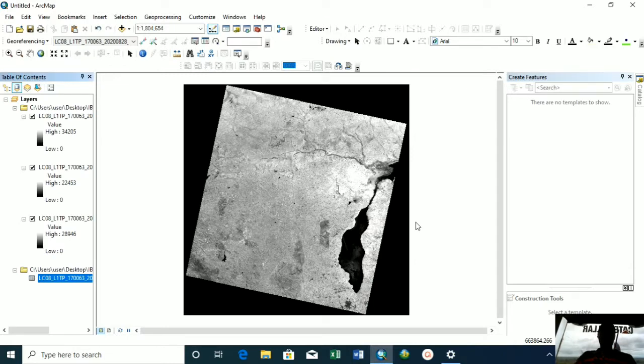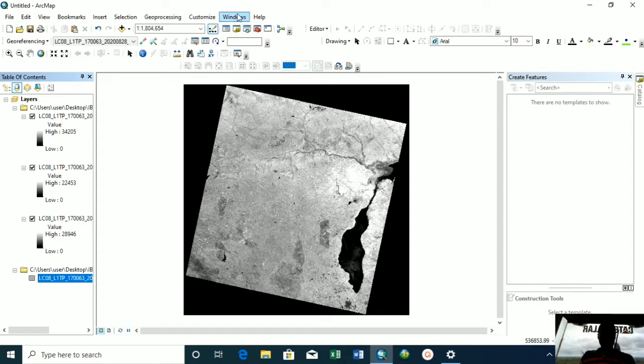So first of all, you have to understand that now we just have to calculate the surface temperature. There is a series of procedures, processes and formulas that will help us get the surface temperature, as you can see.